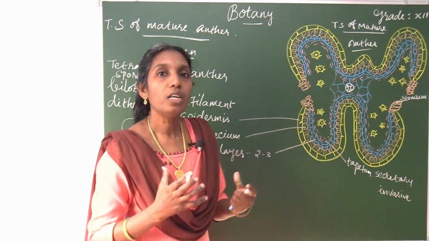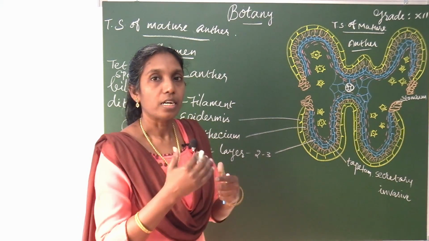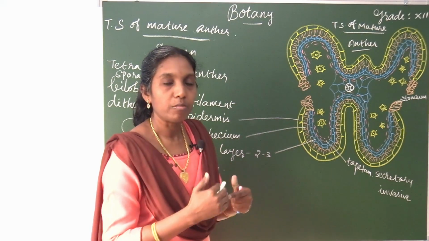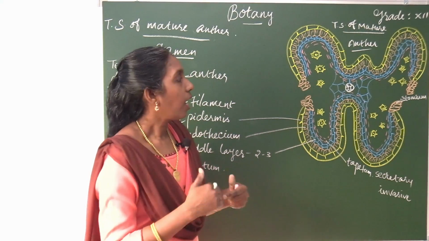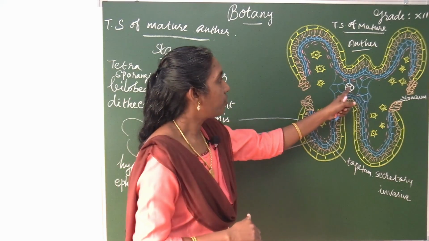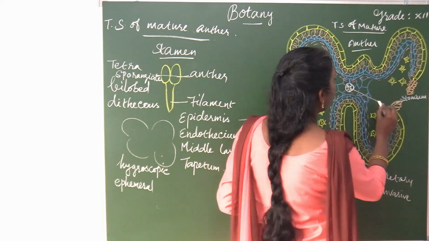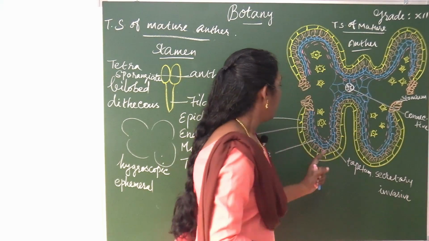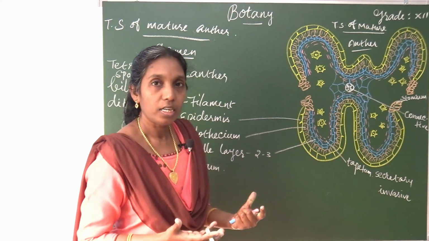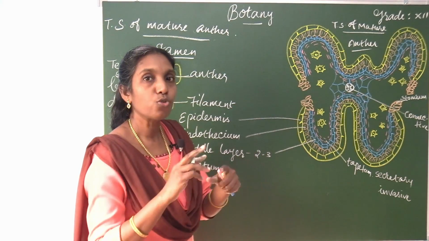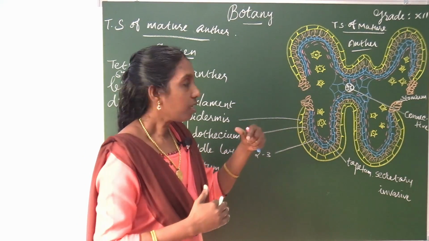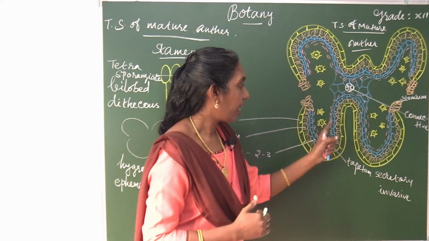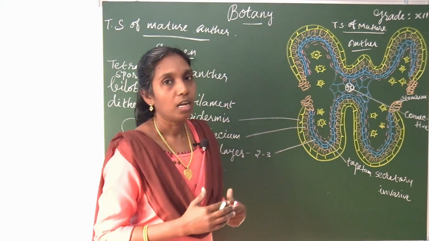This tapetum is dual in origin because it is derived from two different parts. Part of the tapetum is derived from the peripheral wall layer, and another part is derived from the connective tissue. This is the region called connective.